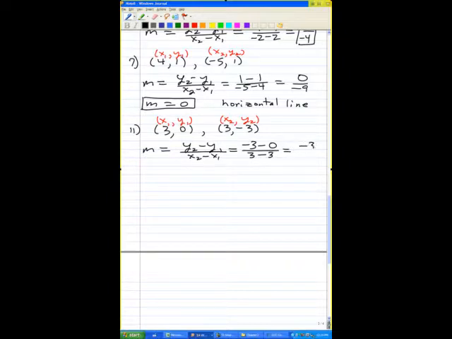So I get negative 3 over 0, but you can never divide by 0. Therefore, the slope is undefined. If the slope is undefined, this is a vertical line.